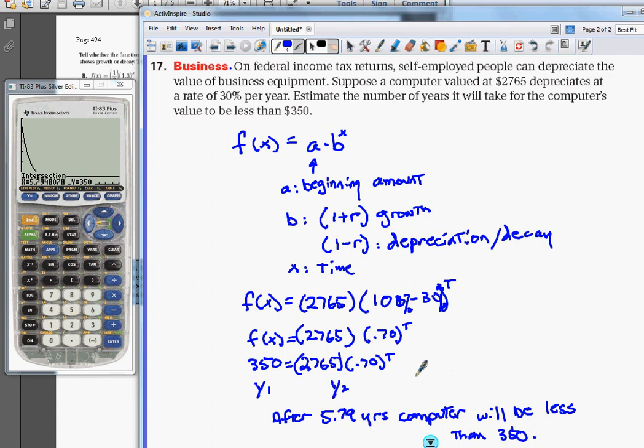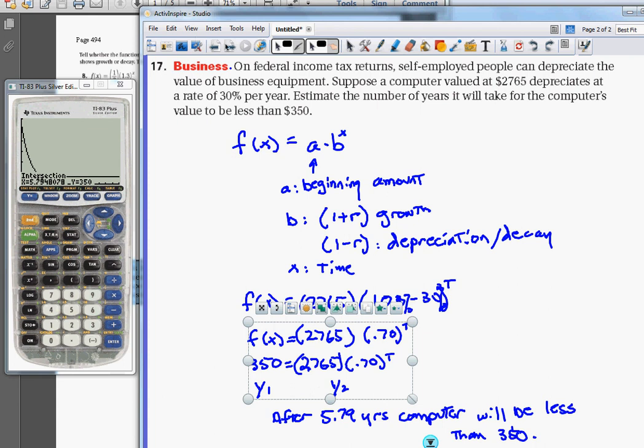Okay. Now we could have also done this algebraically. So if I were to take this equation right here and solve that, hold on just a second.